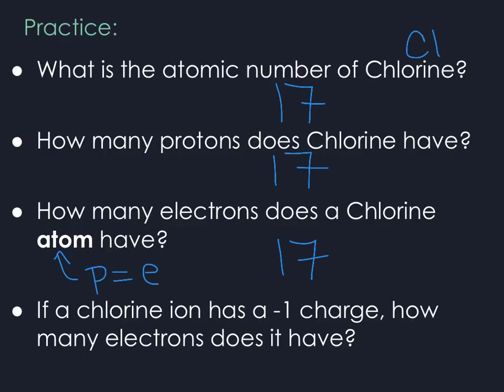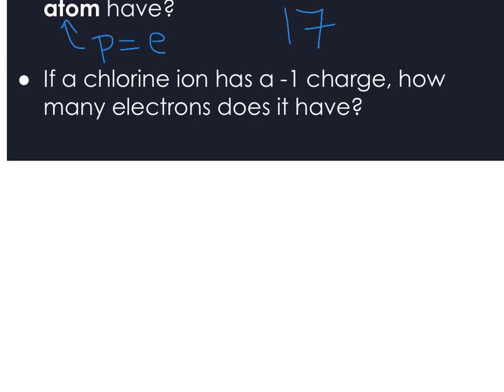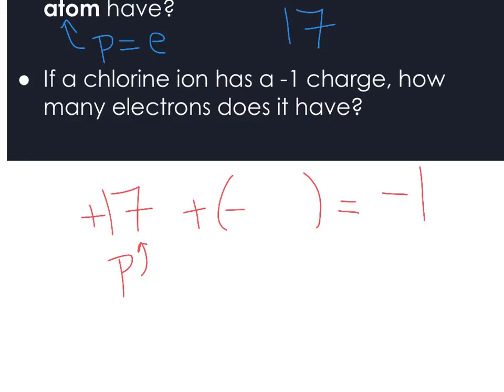Now let's say that we have a chlorine ion, and this chlorine ion has a charge of -1. So we always have 17 protons in chlorine. But we need to figure out how many electrons we have to get us a -1 charge.